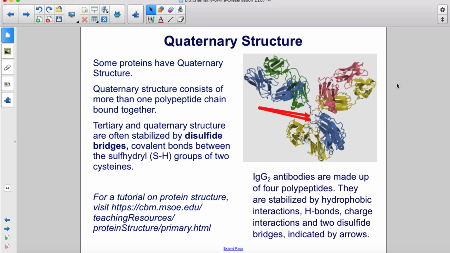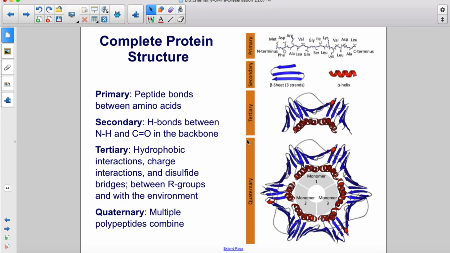IgG2 antibodies are made up of 4 polypeptides. They're stabilized by hydrophobic interactions, hydrogen bonds, charge interactions, and 2 disulfide bridges indicated by the arrows. Here's a summary.